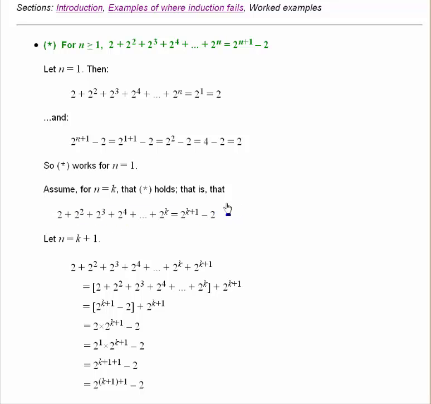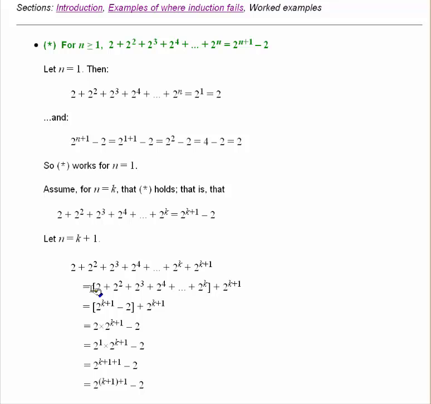So that means that I can replace n with k, and I'm assuming this is true. Now I want to see if I can prove the same thing is true with n equal to k plus 1. So I'm going to replace n with k plus 1. Now you can choose the left-hand side or the right-hand side. Usually you choose to plug it into the more complicated side. So I'm going to replace the n with k plus 1 on the left-hand side. And this is what I get.